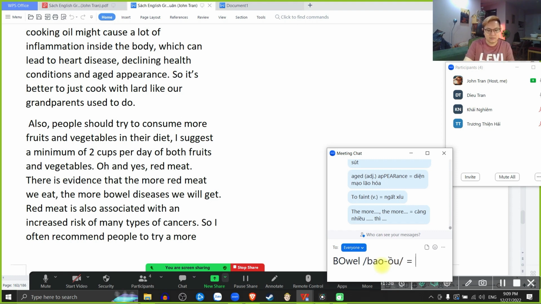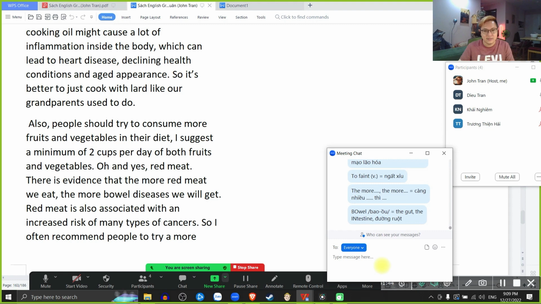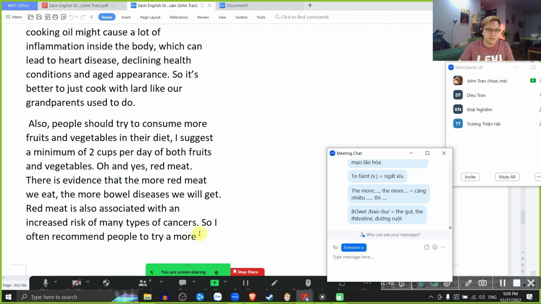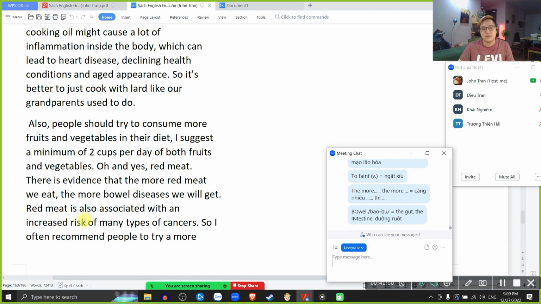Bowels means the gut, the intestine, đường ruột. Ăn thịt đỏ nhiều quá thì sẽ gây bệnh đường ruột. Red meat, thịt đỏ, nó cũng liên quan đến một cái nguy cơ gia tăng của nhiều loại ung thư. An increased risk of many types of cancer.